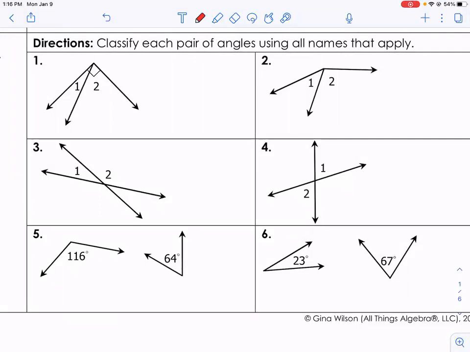Or supplementary. No, they have to be on the same side. This one would be vertical. Yeah. They're vertical and congruent, right? Yeah, let's do it. Vertical and this one. Because that looks like that. Number 5. Yes, wouldn't it be adjacent?